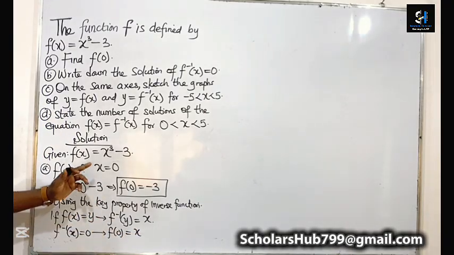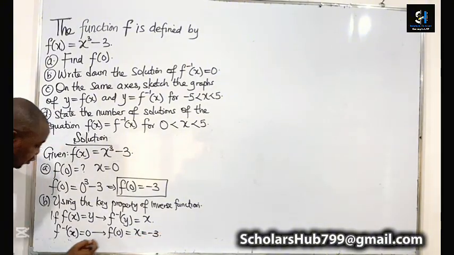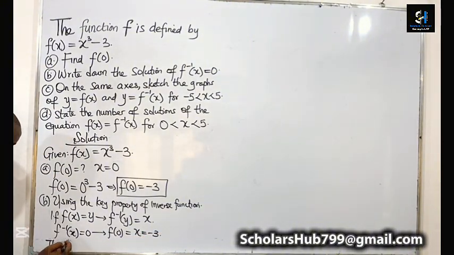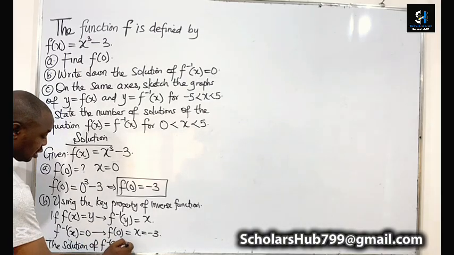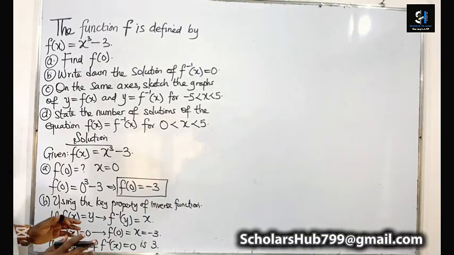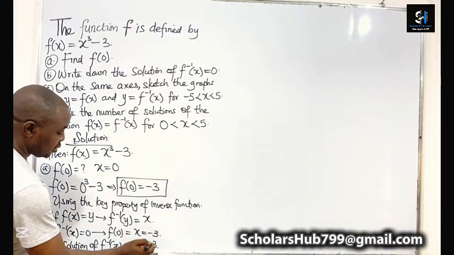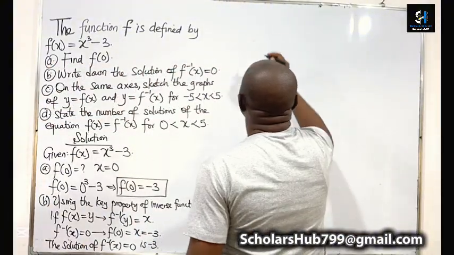And we know that the value of f of 0 is minus 3. So the solution of inverse function of x equals 0 is minus 3. The answer is minus 3. Okay, all right.